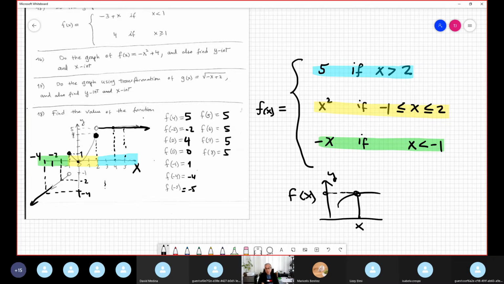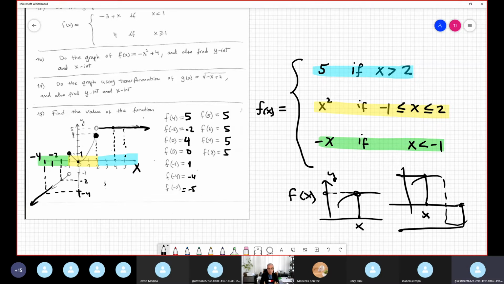Maybe the graph has a positive part or negative part, no? Suppose we have a discontinuity here. This x corresponds with this y, and this x corresponds with this y. More clear now? Yeah. Okay.